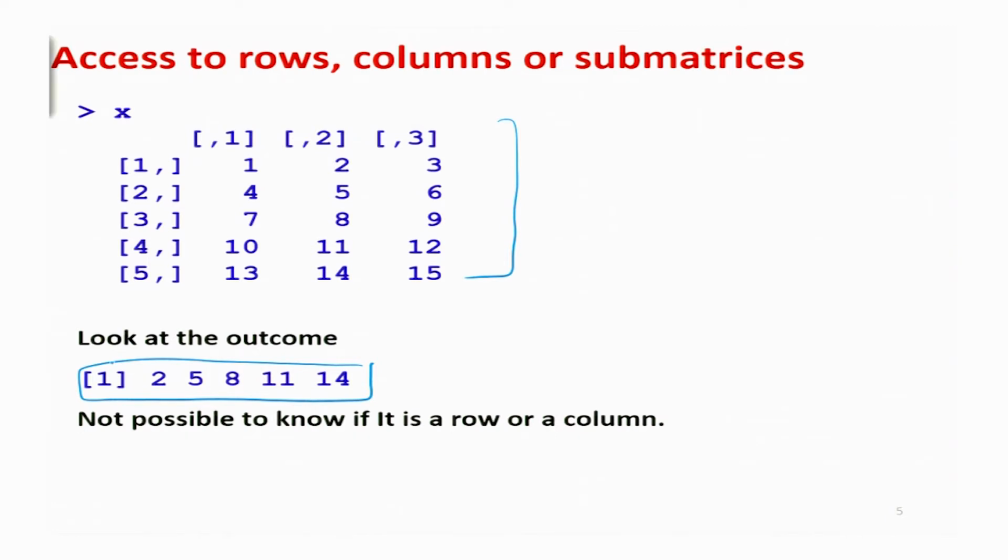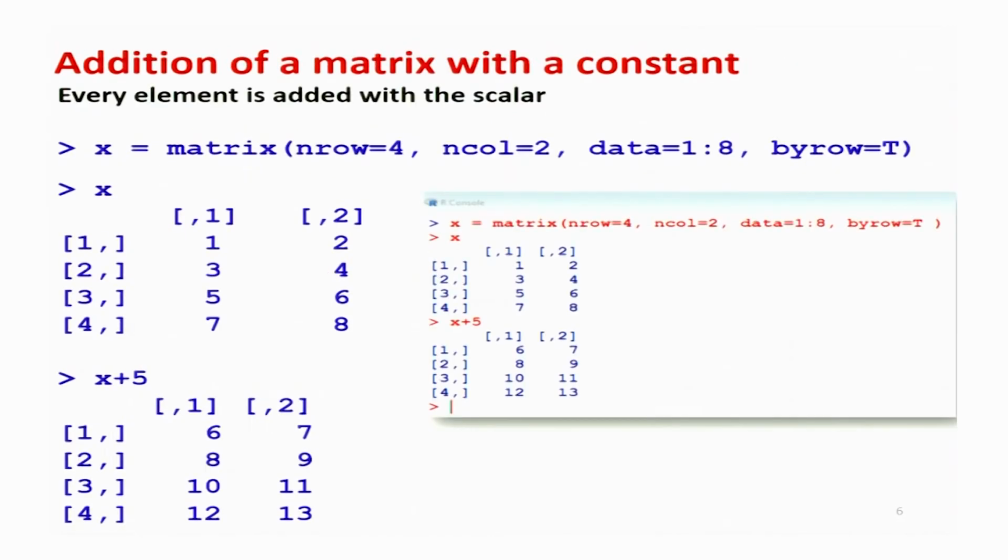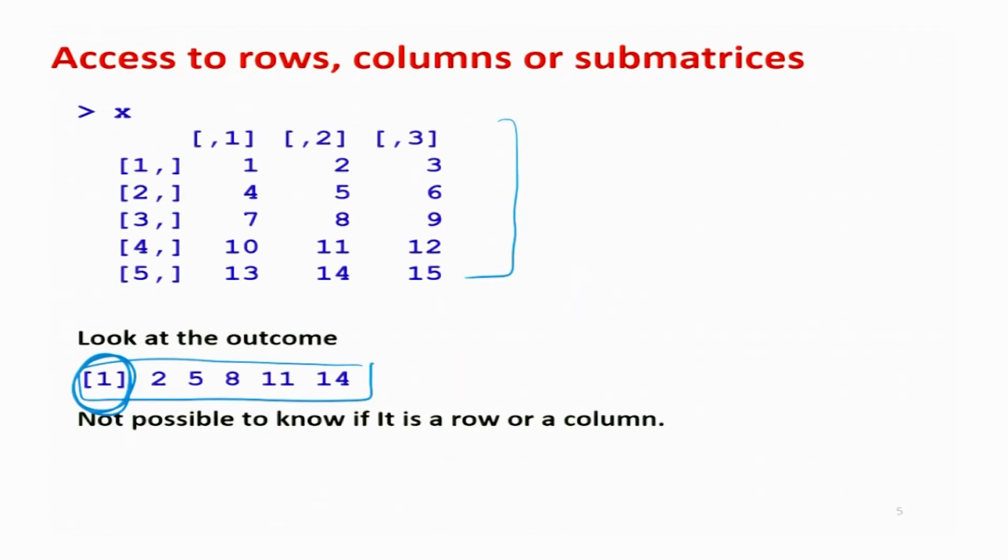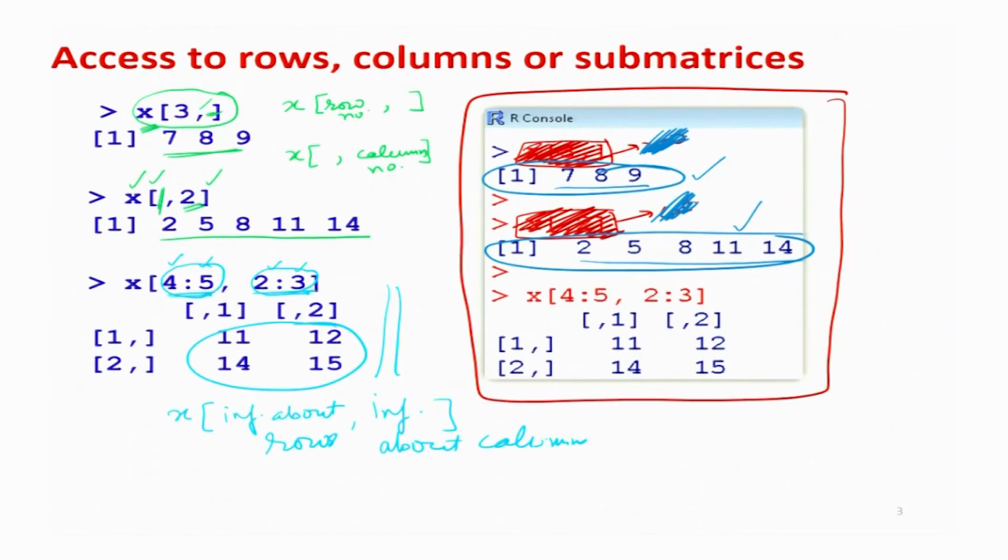So by looking at the outcome, which is written inside the bracket 1, we can also know in those software whether this particular value is coming from a row or a column. That is the thing you have to keep in mind when you are doing these operations in the R software.